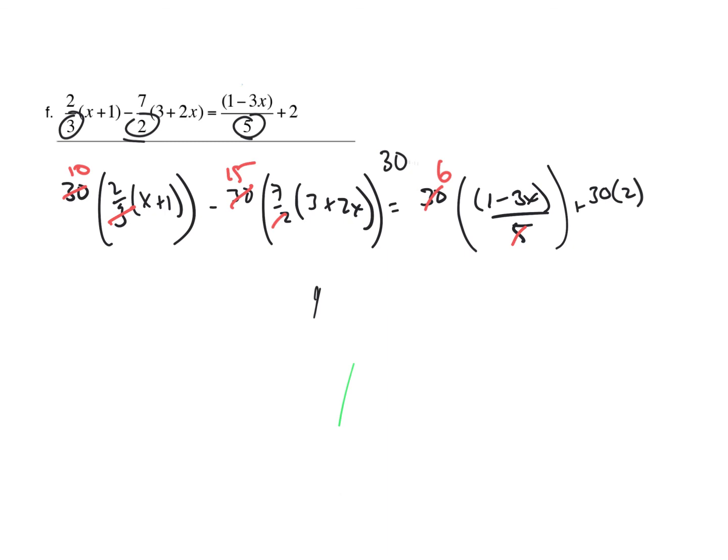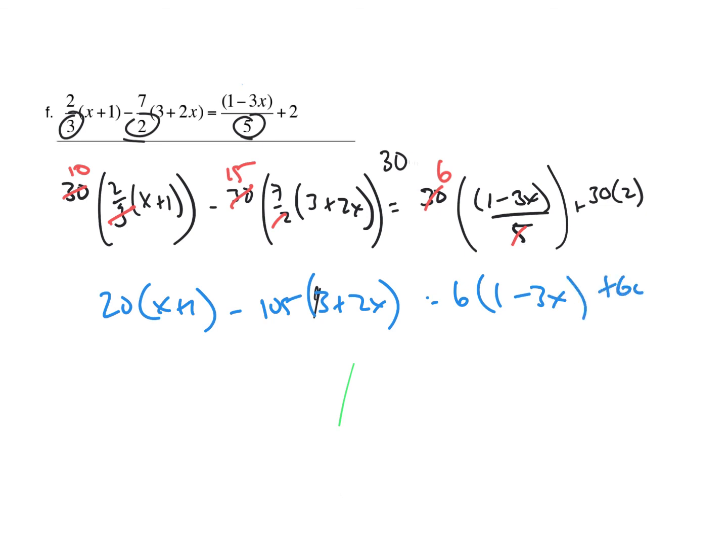Now I can say 10 times 2 is 20 times x plus 1, minus 15 times 7, that's 105, times 3x plus 2, equals 6 times 1 minus 3x plus 60.